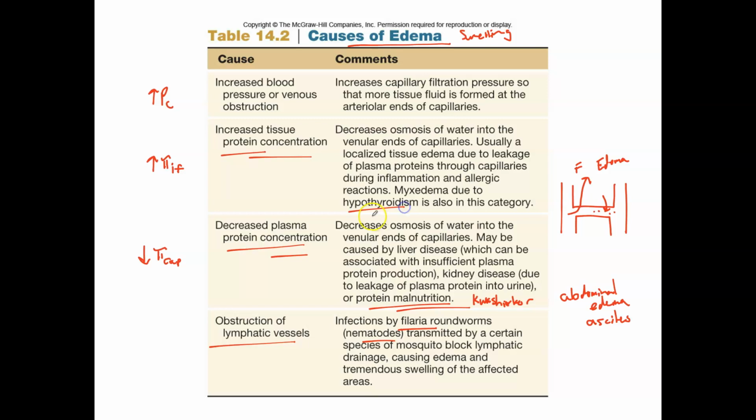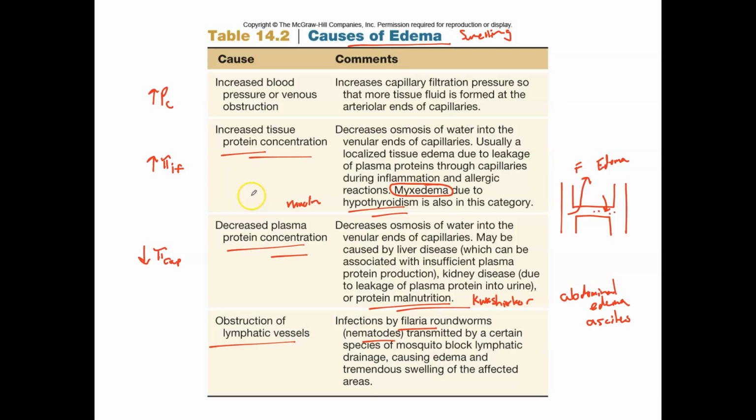Hypothyroidism. In hypothyroidism, we actually leak mucin proteins. So mucin proteins leak into the interstitial spaces, and this results in a condition that we call myxedema. So sometimes the pathology is just referred to as myxedema, but this is a hypothyroid condition that can lead to edema in certain places of the body, especially under the eyes.